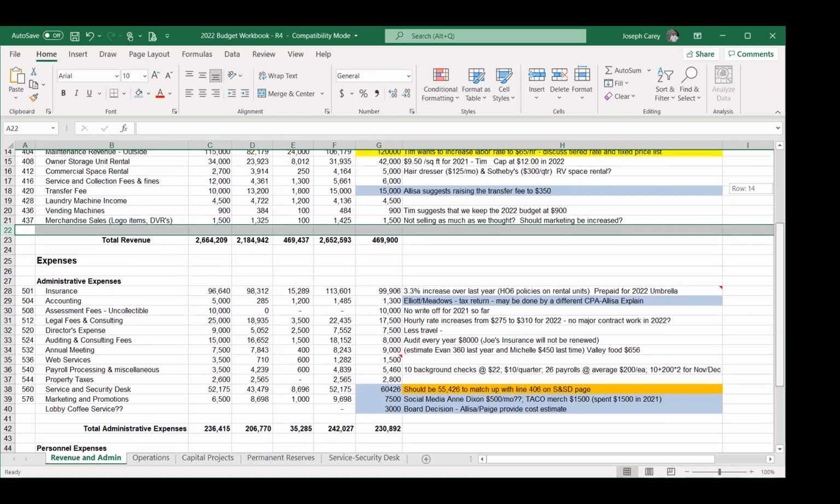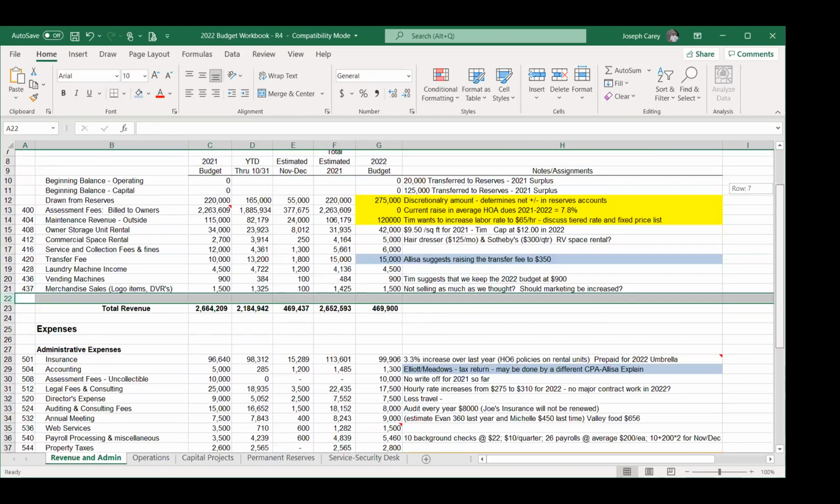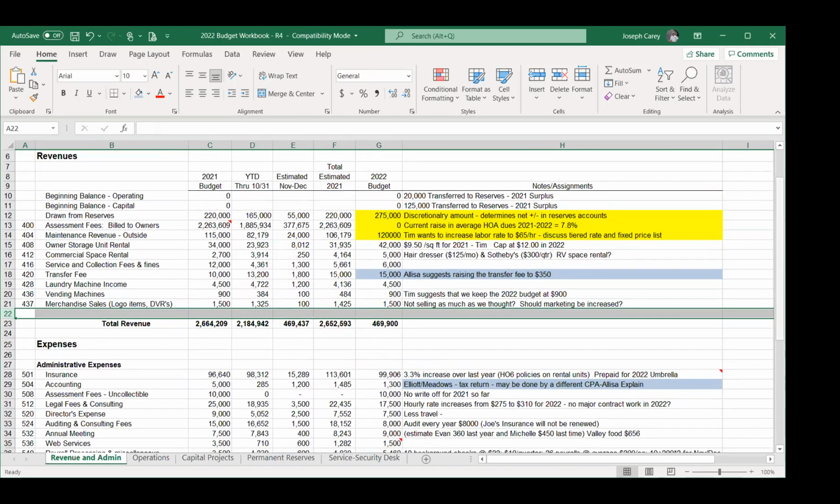All right, so that completes our review of revenue line items, at least for now. Still have some spots up in here that need to be determined.